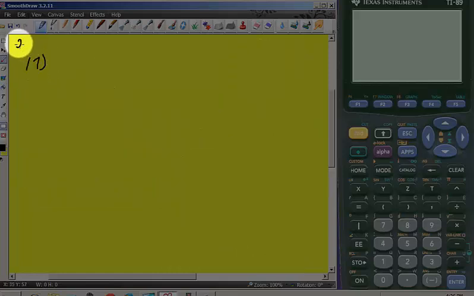17 on page 224. In 17, you have a 17-foot ladder leaning against the wall. So let's create a wall, and let's call this our ladder, and that's 17 feet. If the bottom of the ladder is pulled along the ground away from the wall, we'll call this side x and this side y.